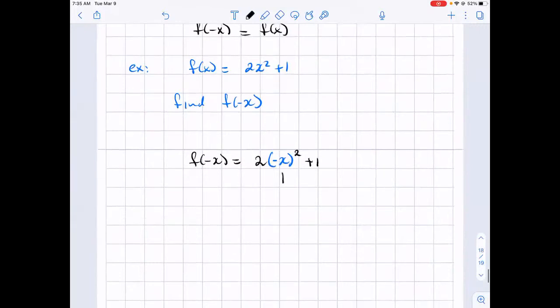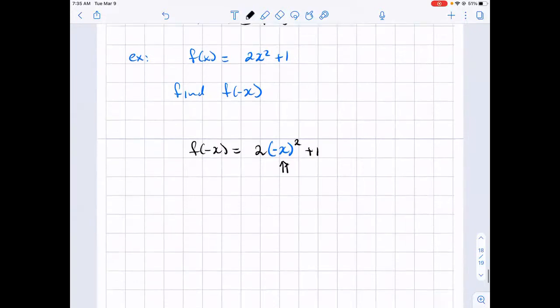And if we square a negative, we will see that this now becomes 2x squared plus 1. So notice that f of minus x is f of x. Okay?